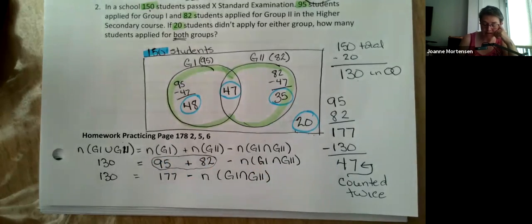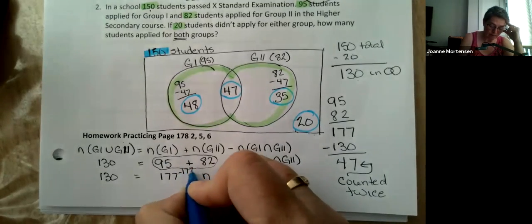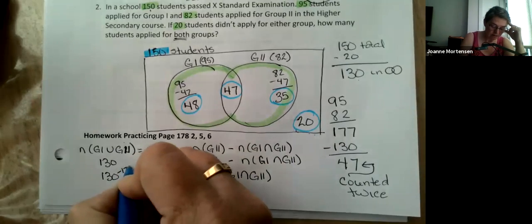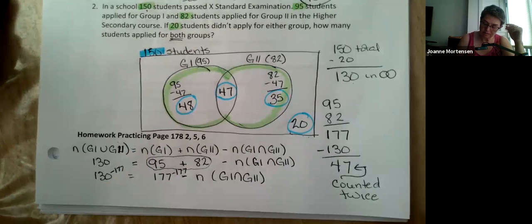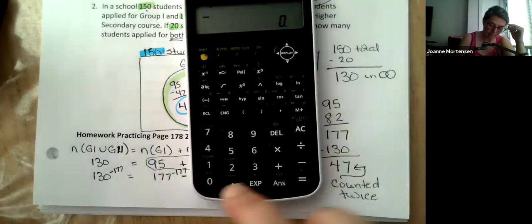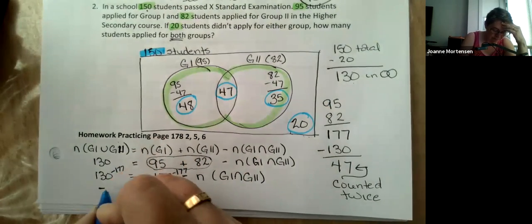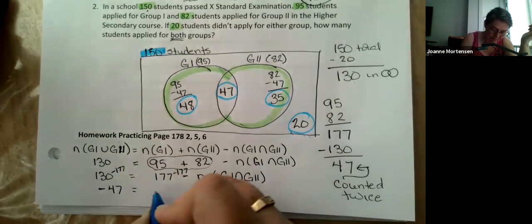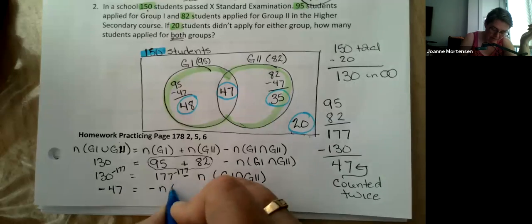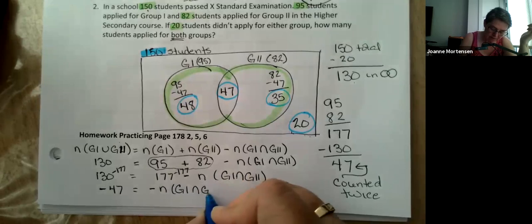All I did was put these together, because once you have the formula, you're just doing order of operations. So now I'm going to subtract 177 from both sides, so I have just this by itself. 130 minus 177 is going to give me minus 47, which honestly is making me panic a little bit, but I know what's going on. Minus the number in G1 and G2.